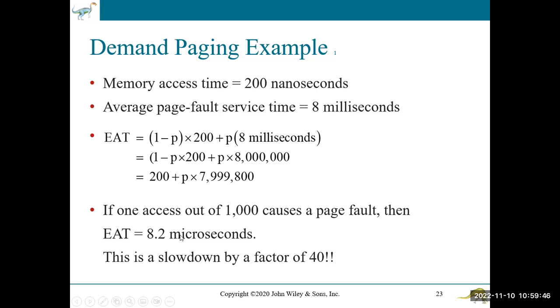there's a tremendous slowdown. Put another way, the reason that you do disk optimization and disk defragmentation is because the more your file is fragmented, the greater the occurrence of page faults where something is supposed to be there and it's not there and the instruction can't fire, so you have to go out to physical disk memory and then retrieve it and then reset your execution, right? 8.2 microseconds.